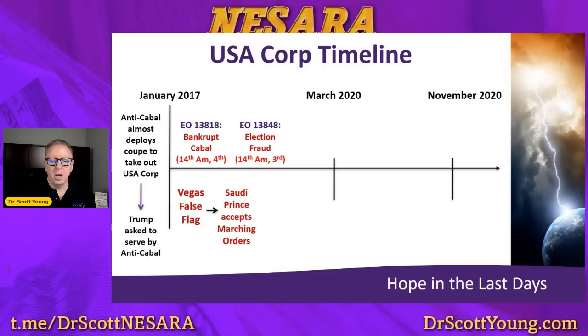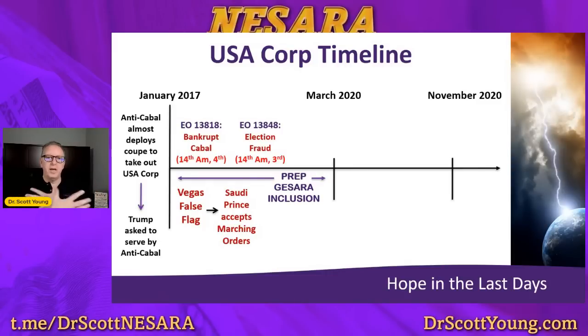Now, again, we have the Vegas false flag, where the Saudi prince accepts his marching orders to do the next part of this thing. So we have the preparation of GESARA. See, NESARA has always been just an internal thing that runs in that particular way. And so we have the NESARA thing that has been happening internally, but we really needed the world to be involved.